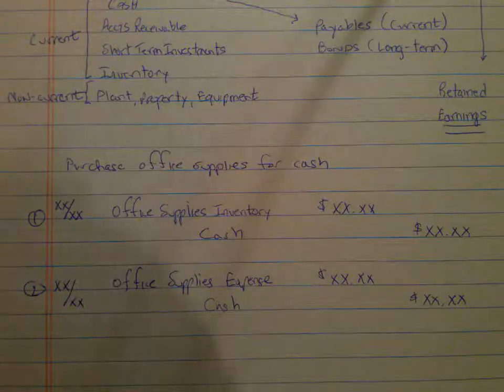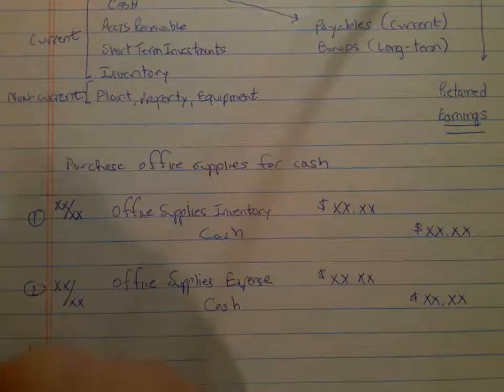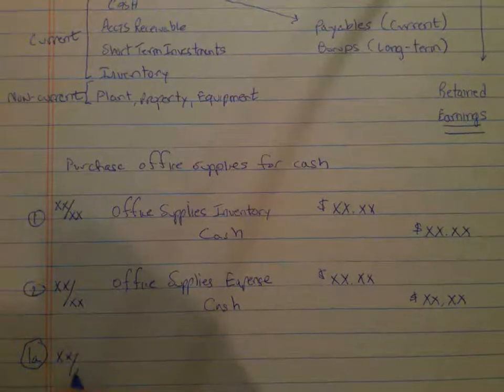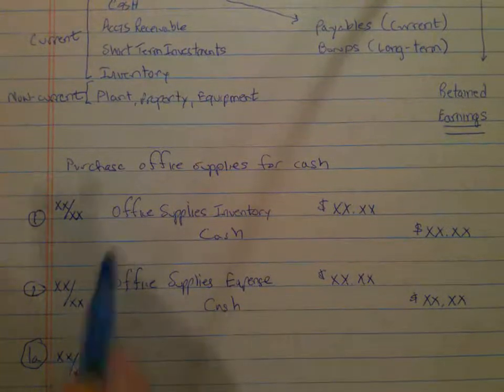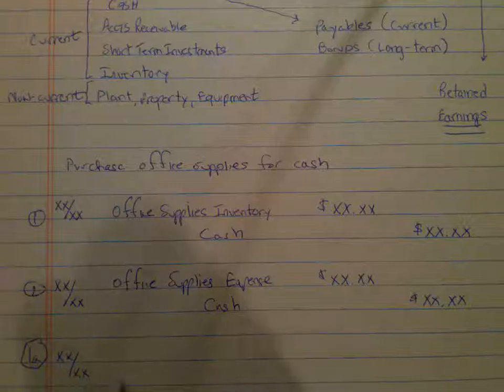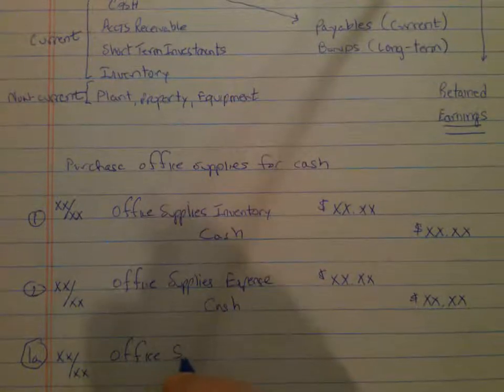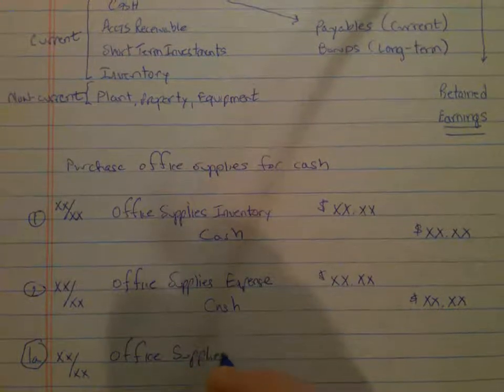Okay, so if we were to do version 1A, at some point at the end of the year, we would have an adjusting entry. We'd take inventory, figure out what we had left, and at that point, go office supplies expense.